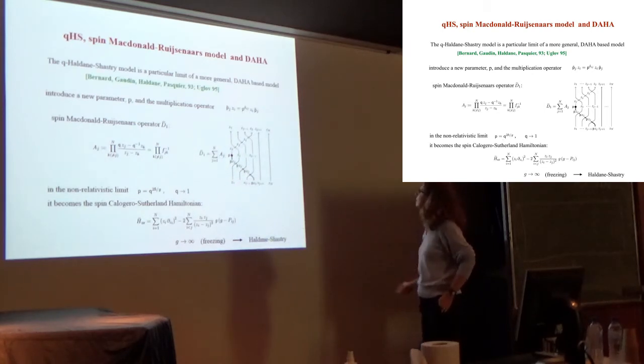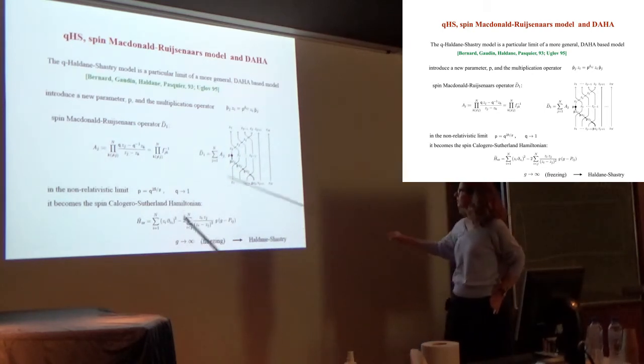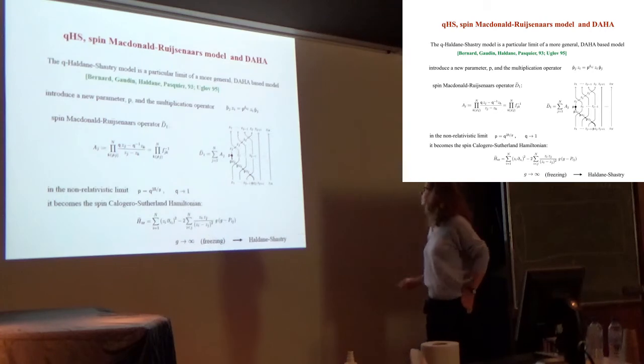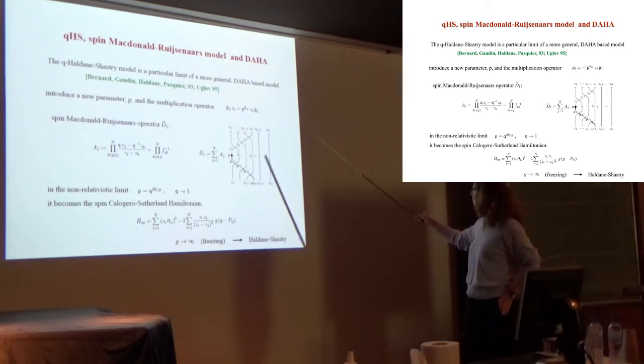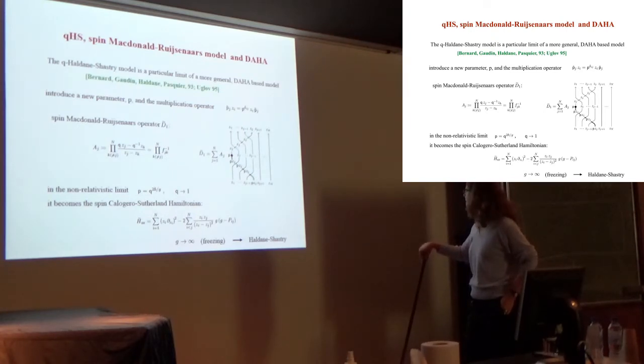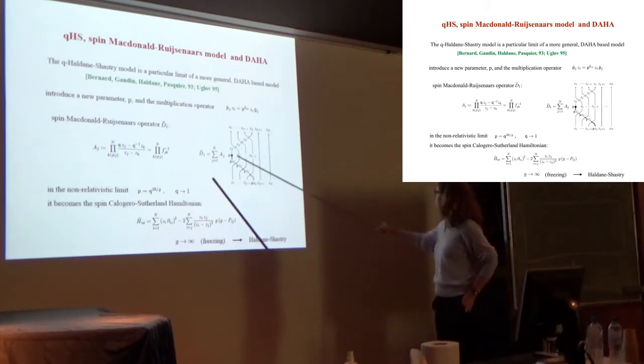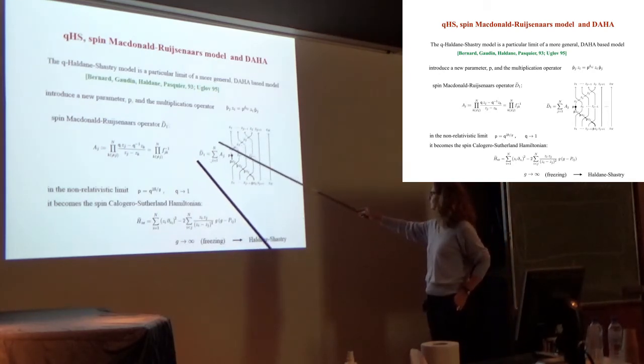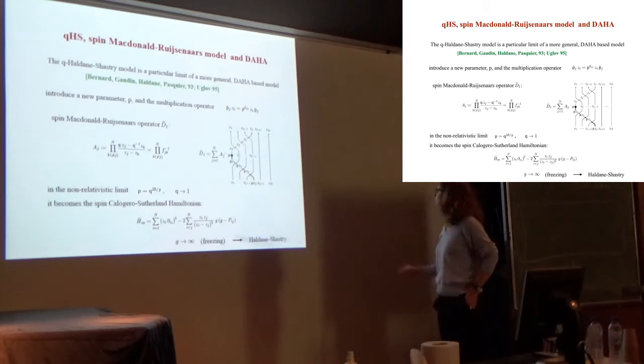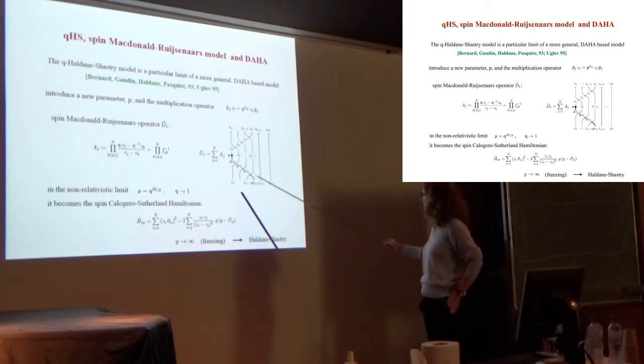So the new Hamiltonian has a new parameter p, Roman p, which appears in the shift, and one defines these Macdonald-like operators, which act on the spin also.